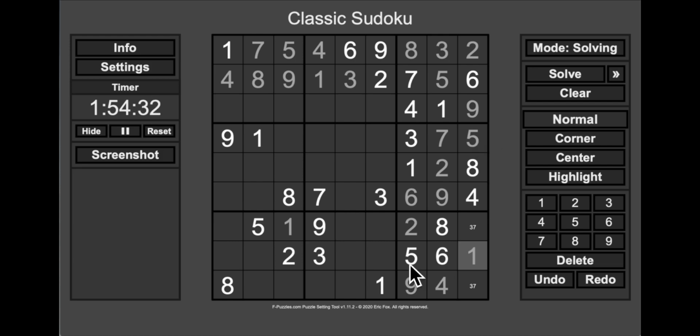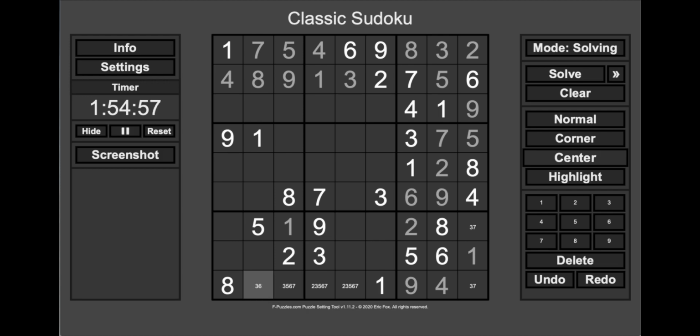Now, these cells are not 1, 4, 8, 9. They could be 2, 3, 5, 6, or 7. Now, these two cells are not 2.